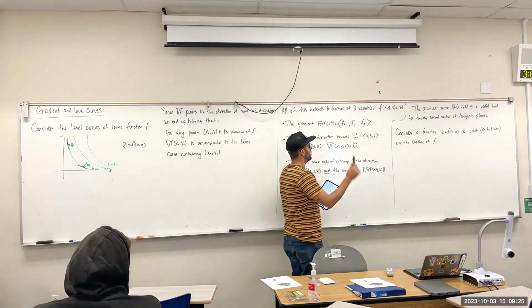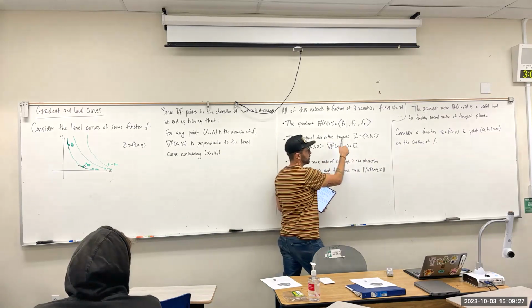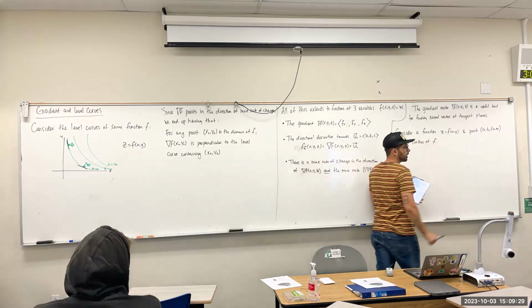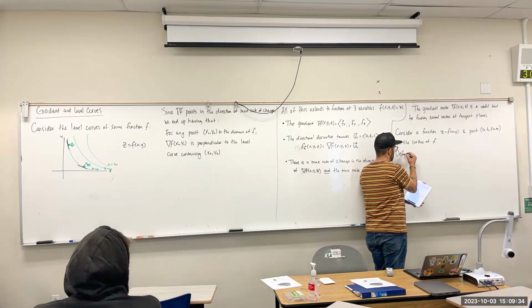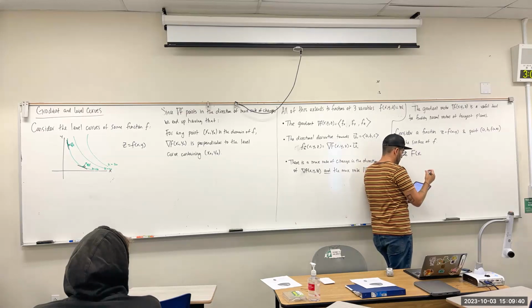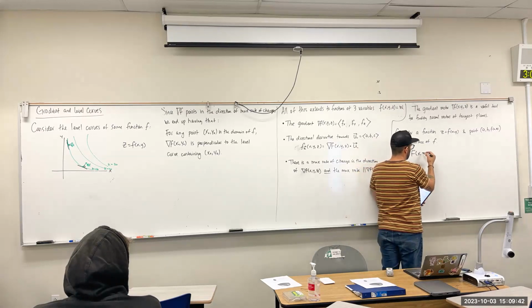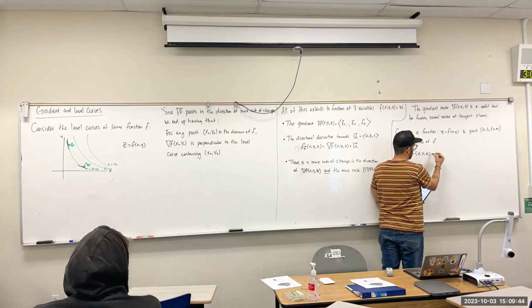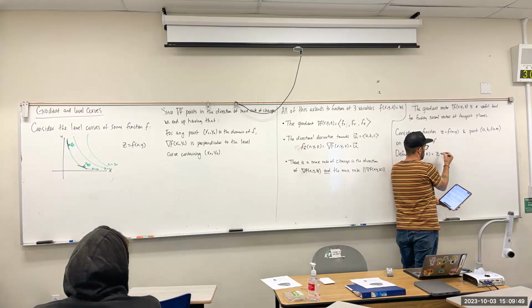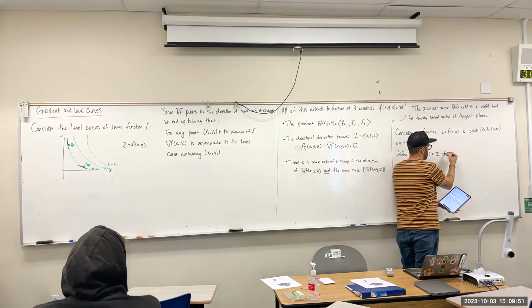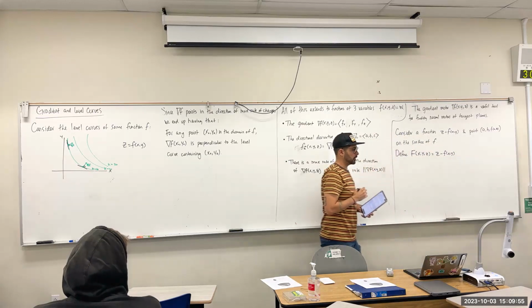Here's where we're going to use a three variable function to somehow apply a tangent plane, okay? We're going to define a new function. We're going to call it capital F that has three variables, x, y, z. And what we're going to have it do is we're going to have it be this z minus the function. Okay?